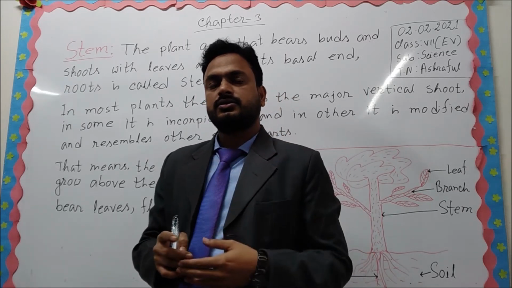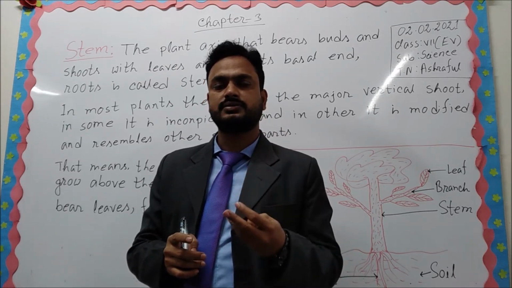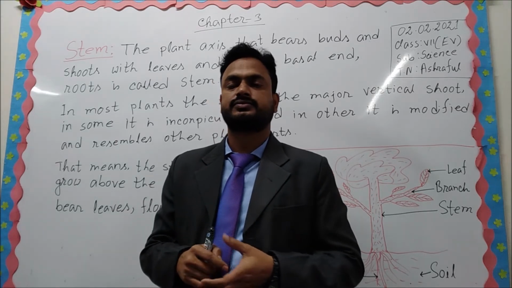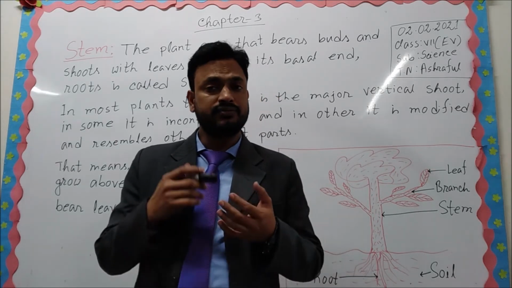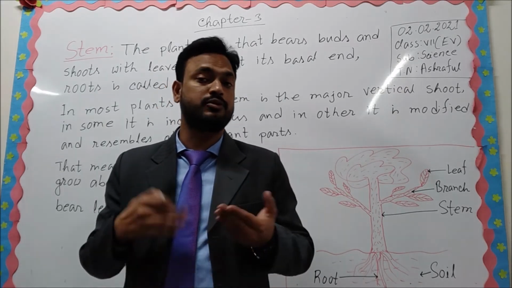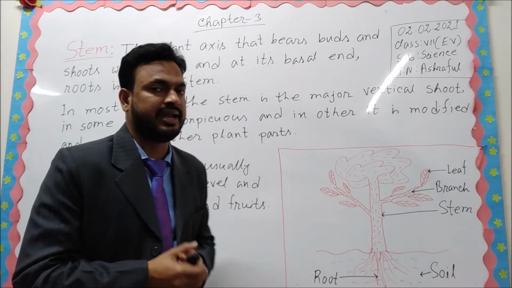Plants are mainly four types. Those are trees, shrubs, undershrubs, and herbs. So before learning modified stem, at first we have to know about stem. So what is stem mainly?